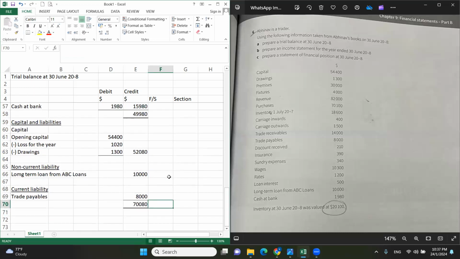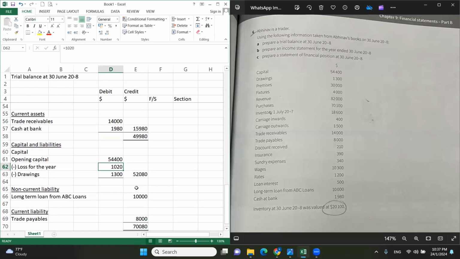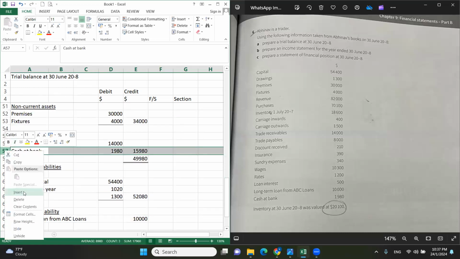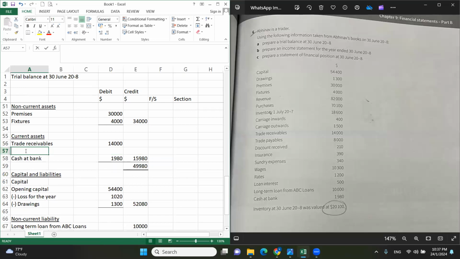Okay, 78. Where's my mistake? Wait, oh, sorry. This one should be minus. The drawing is 1,354. Oh, I forgot. I missed out one of the item. Here, one of the item, the closing inventory.